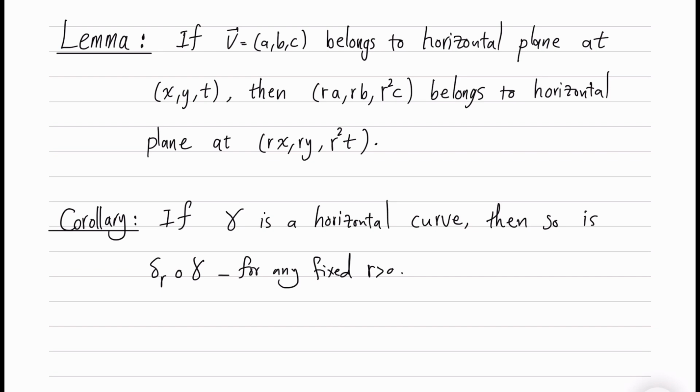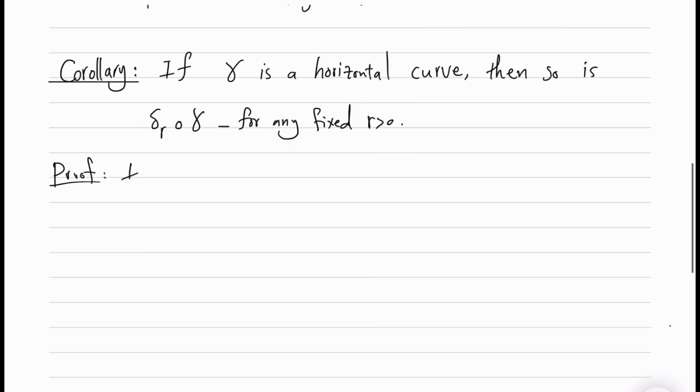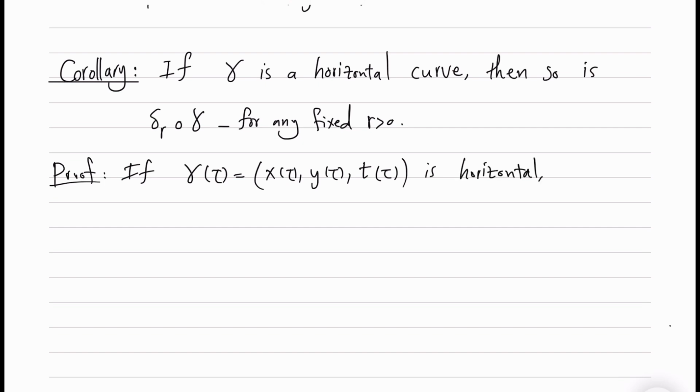A consequence of this lemma is that if we have horizontal curves and we compose them with this dilation, we still have a horizontal curve. If gamma at tau is written as x(tau), y(tau), t(tau), and so maybe t is not the right parameter, tau, and gamma is horizontal. So it's just to fix some notation.